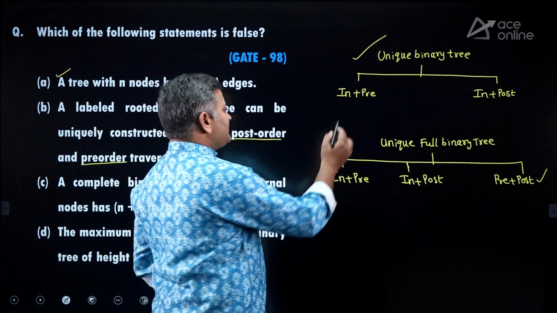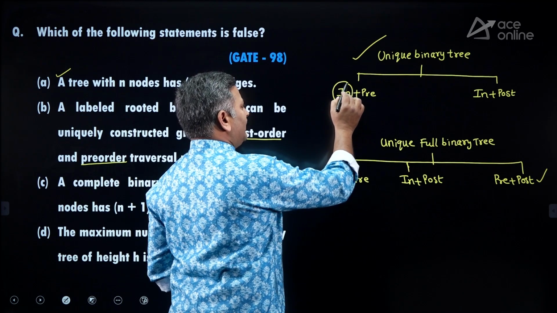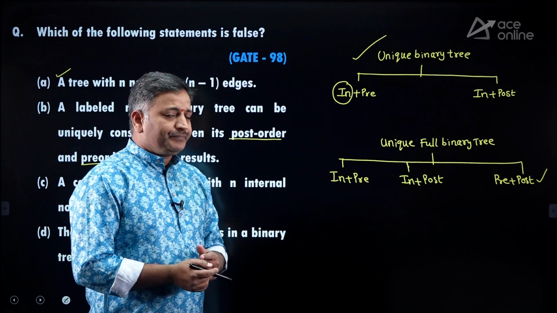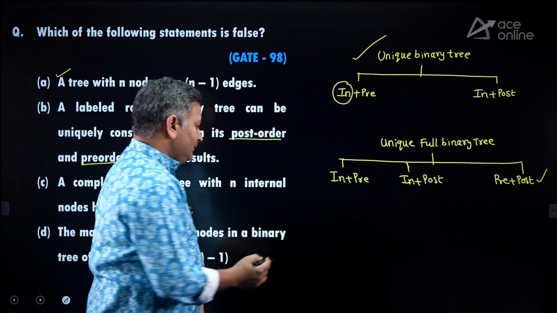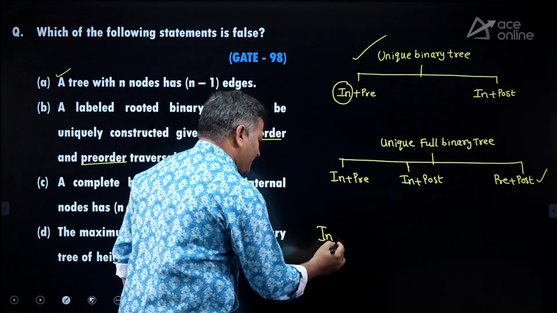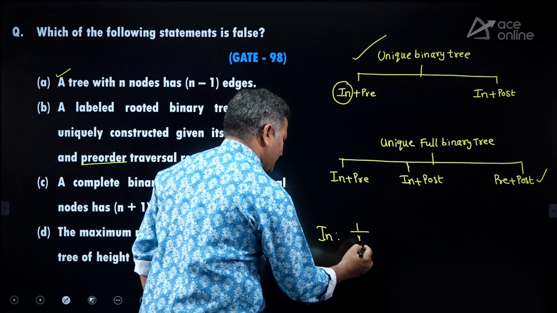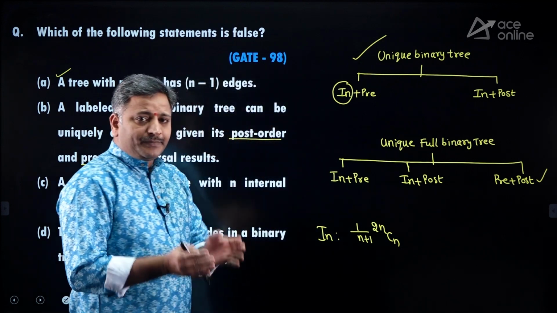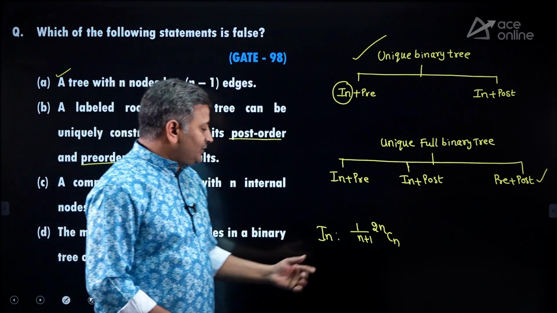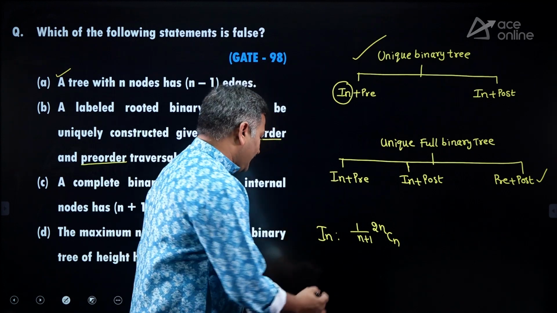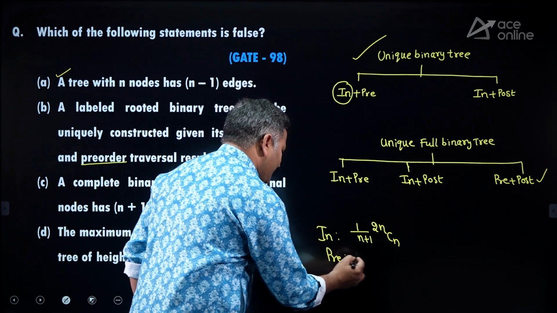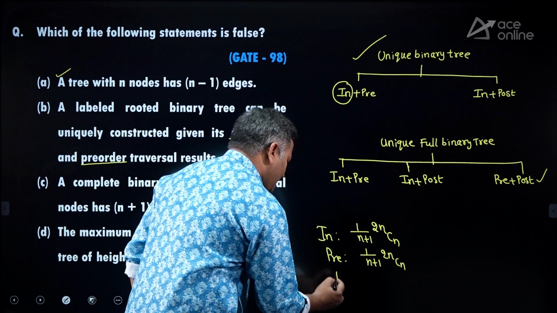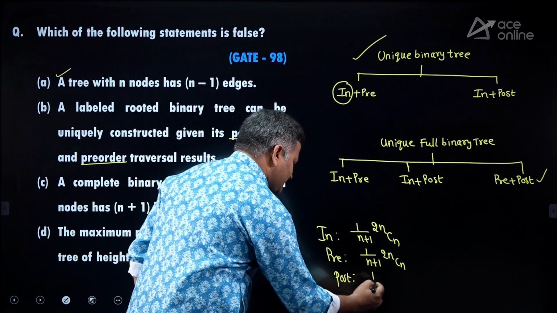Why is it not possible to construct from only in-order traversal or only pre-order traversal? You know that for a given in-order traversal, there are so many combinations possible. For a given traversal, how many binary trees can you construct? 1 by n plus 1 into 2n choose n, which is the Catalan number we discussed in the class. The same number of binary trees is possible if they provide only pre-order or only post-order traversal.